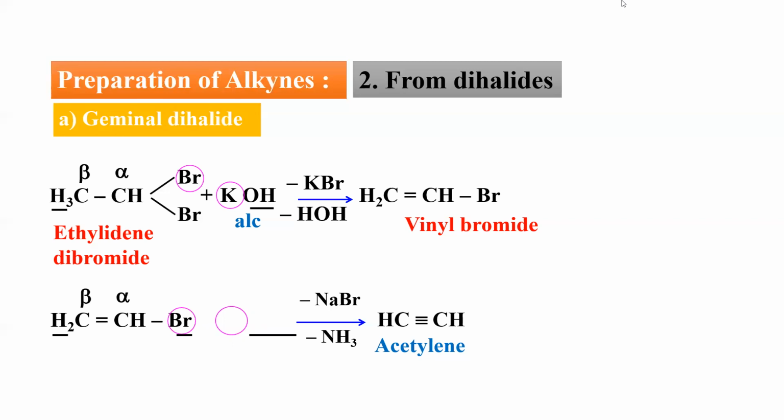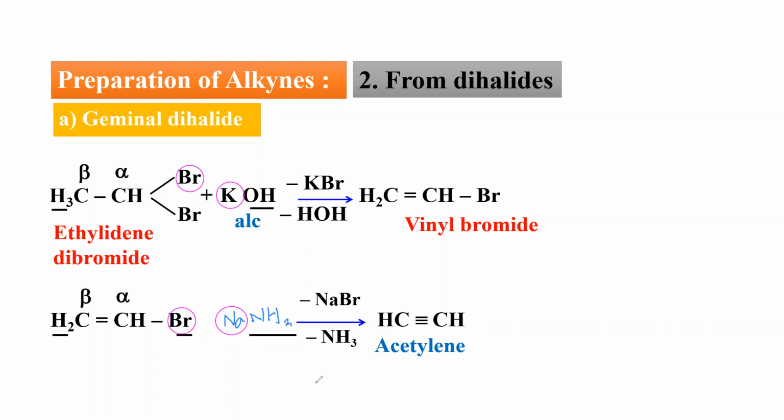So let me just use an annotation tool here, because NaNH2 is missing. So I have Na and NH2.